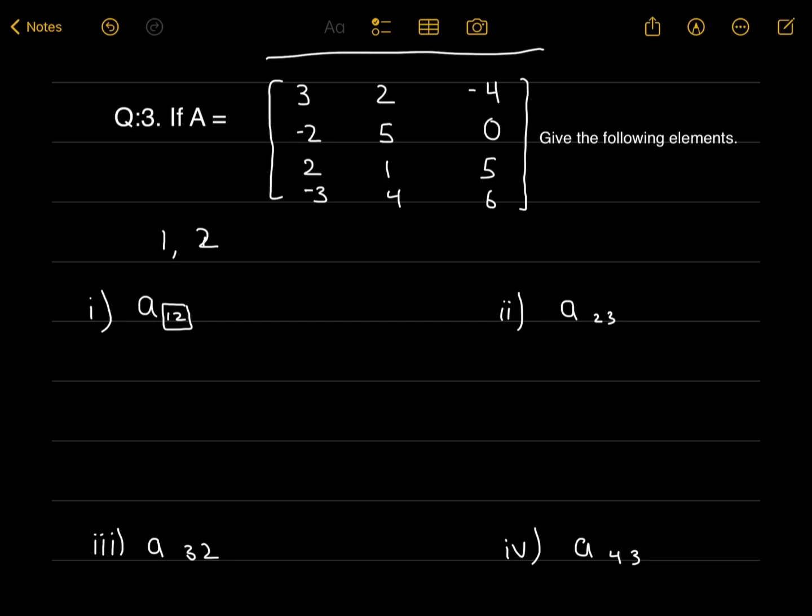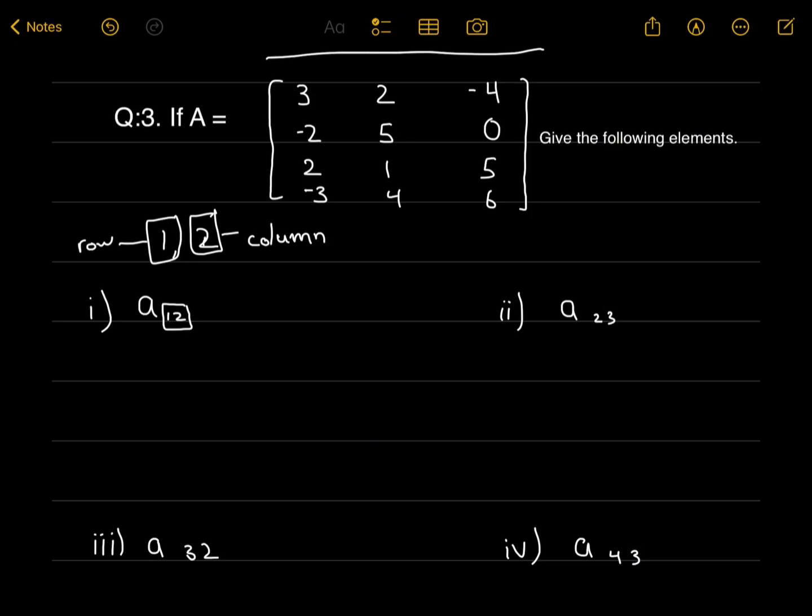That's the same thing as when we find the order of the matrix. The first one we take is a row and this one is a column. So a12 is the number which is present in the first row and second column.